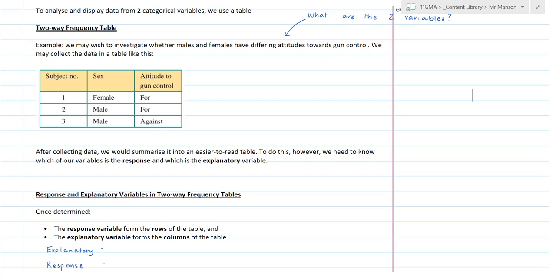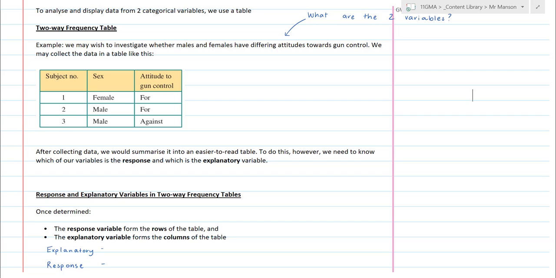So the response variable, you remember, is the variable that's associated with the outcome. The explanatory variable is the variable that explains the response variable. So they might depend on each other. They might not depend on each other at all. There might be no association, and we can't use one of them to explain the other. But for most questions that we give you, there's going to be a clear explanatory variable and a clear response variable.